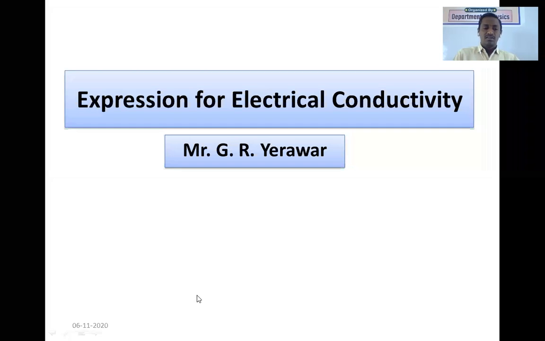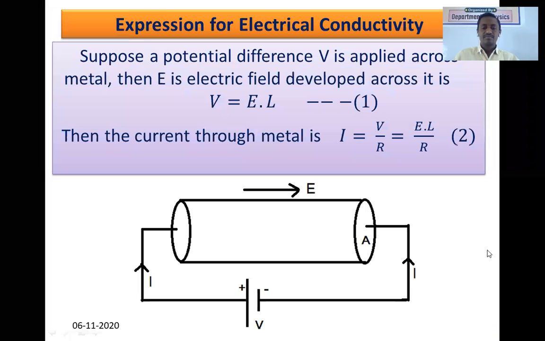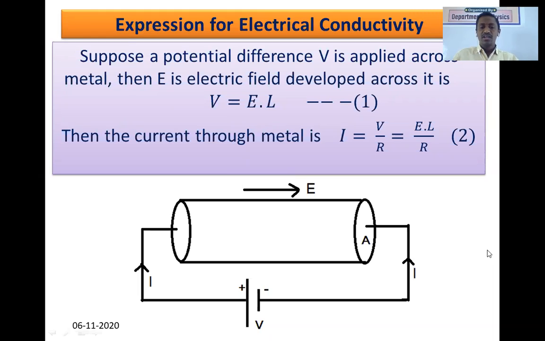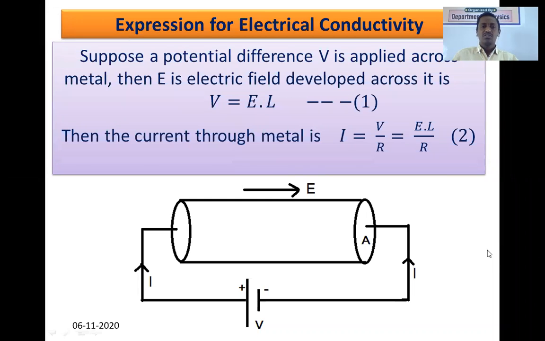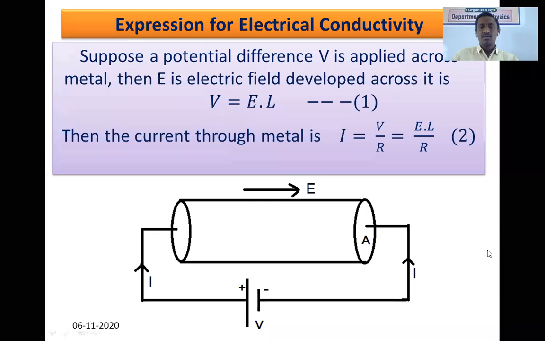For that, let us consider a piece of metal having cylindrical shape, with length capital L and area of cross section capital A. Suppose the potential difference V is applied across the metal.